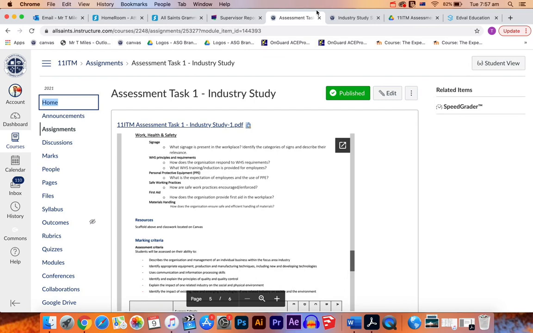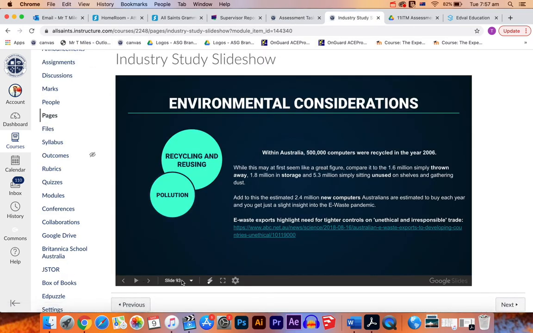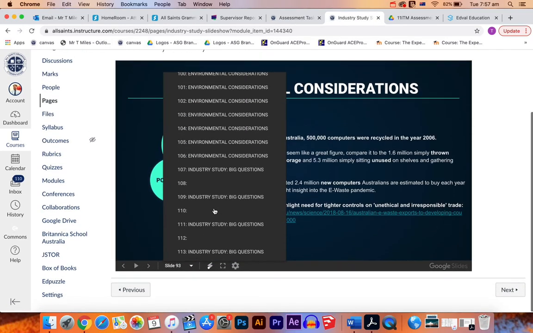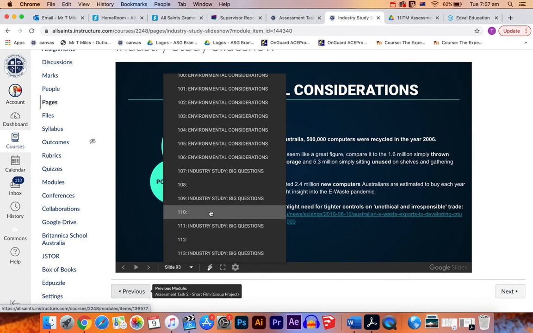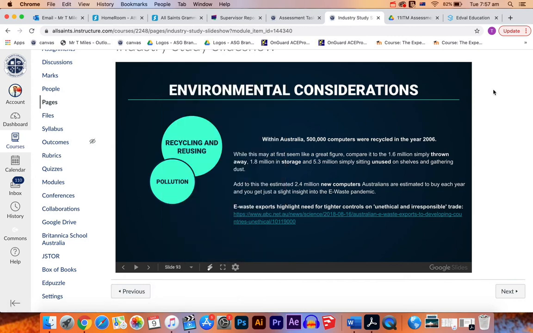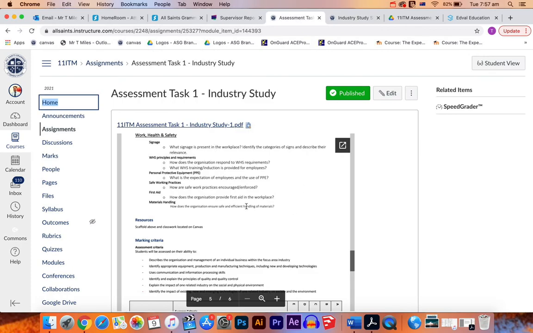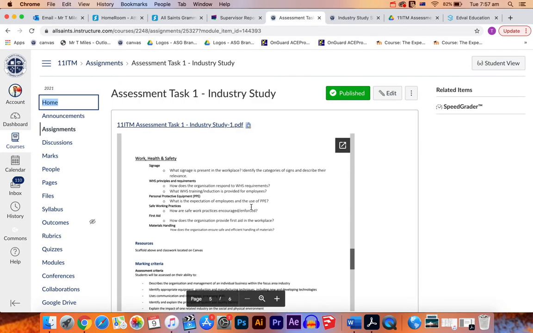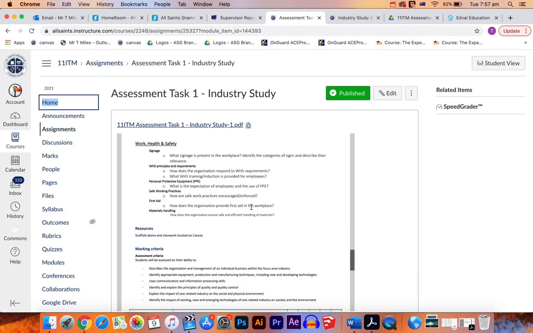And work health and safety, let's go back up here. This is going to be quite broad stuff. So what kind of signage is available in a multimedia office, or in an office in general, really? So WHS principles and requirements.